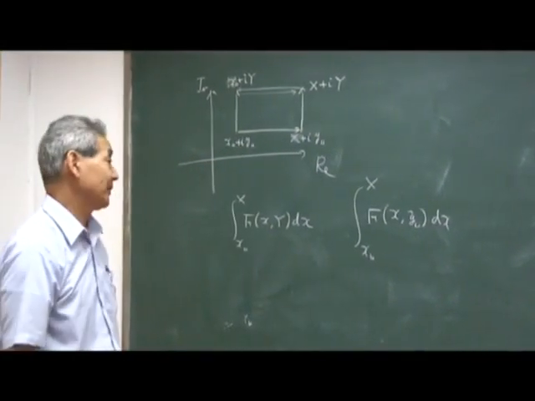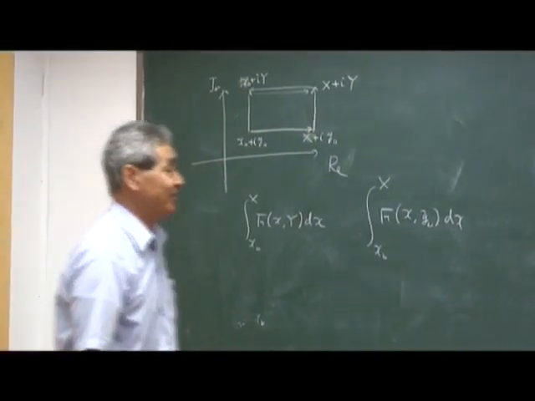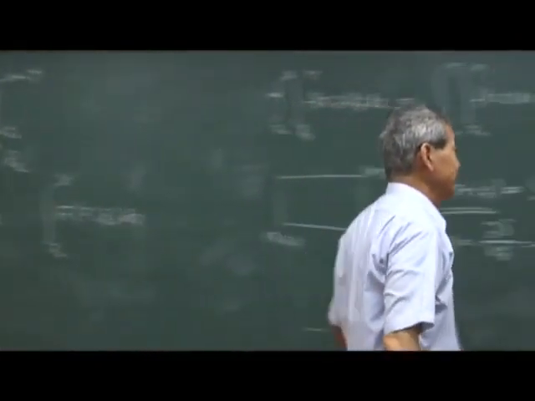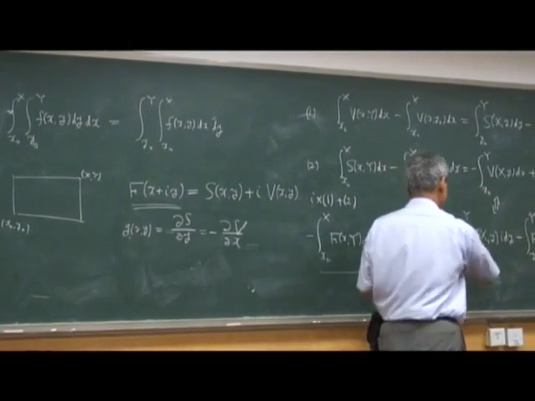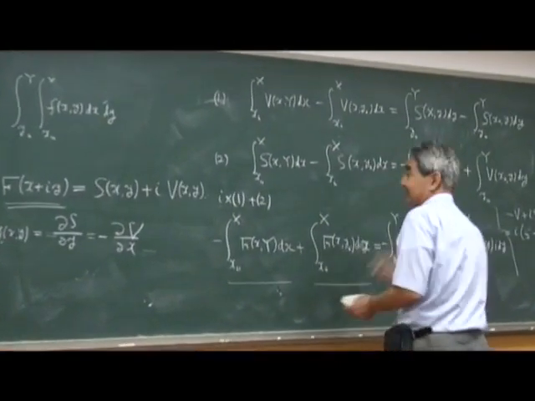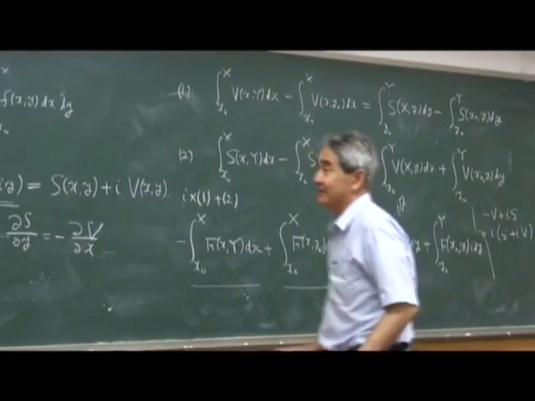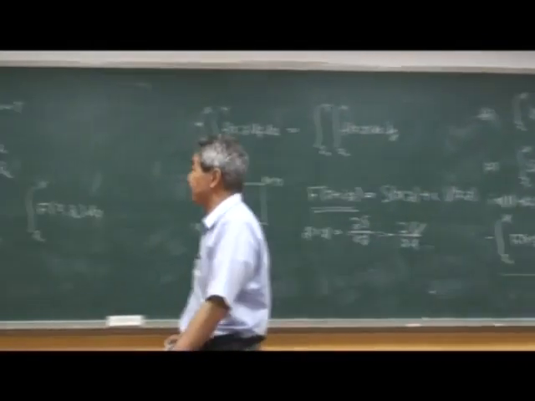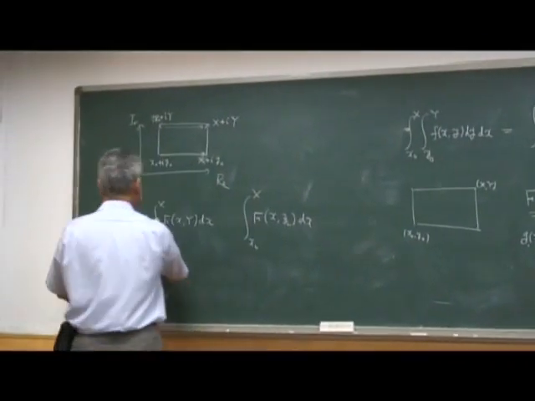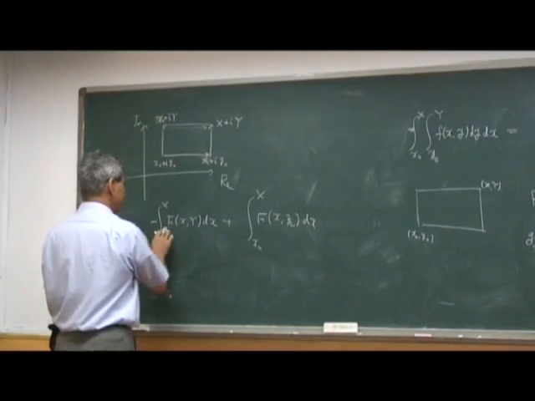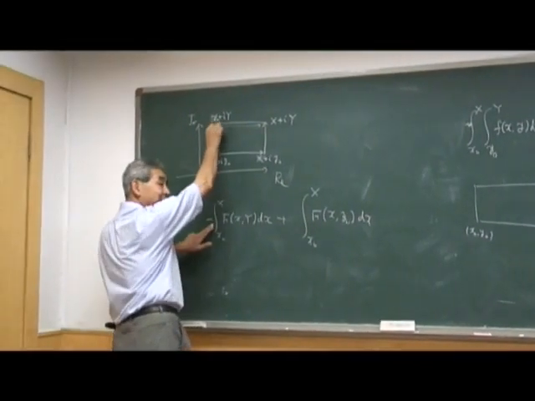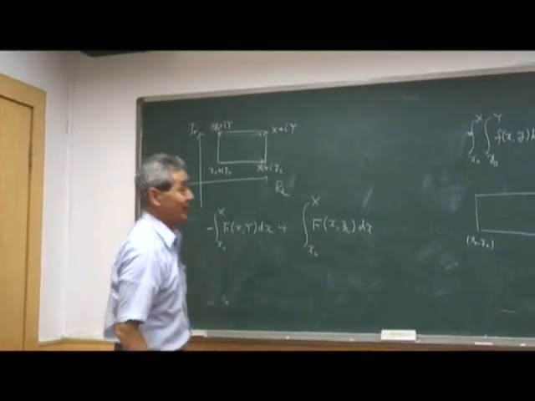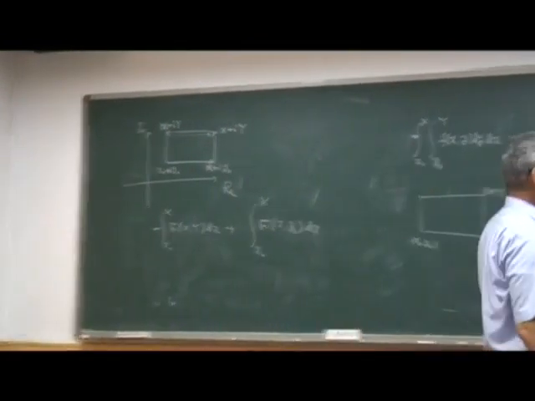Okay? So this is clear. So actually it's better to change the sign here, minus, plus, minus, plus. Then if you take a minus, that means you integrate in the opposite direction. Simple.